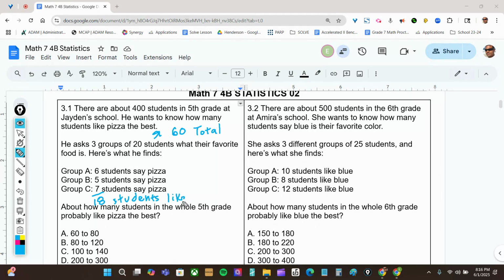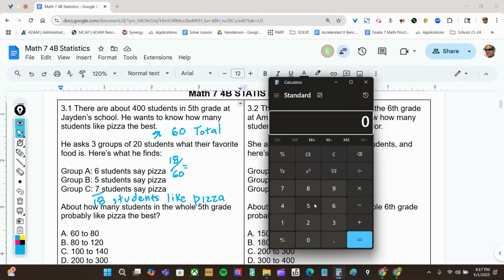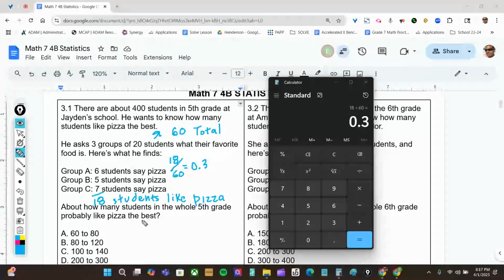So 18 out of 60, calculate the average. 18 divided by 60 equals 30%, 0.3. How many students in the whole 5th grade?